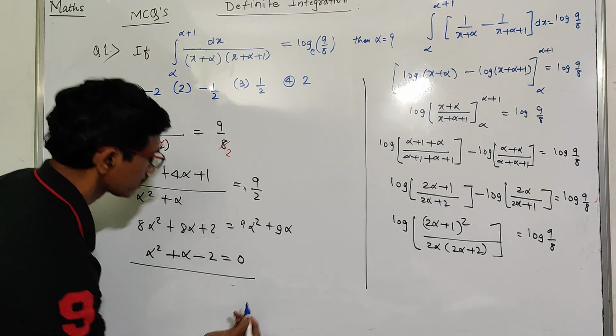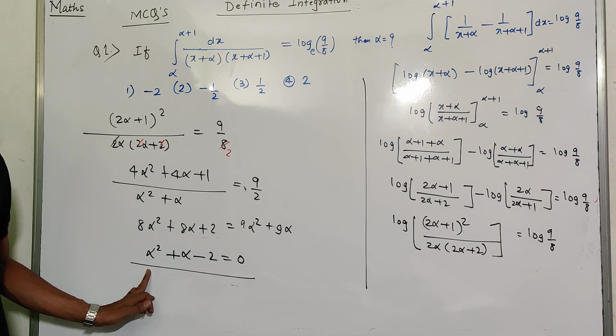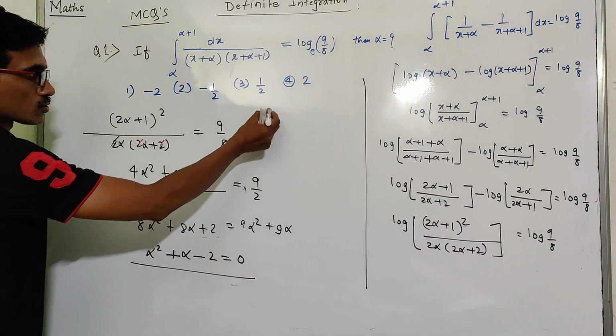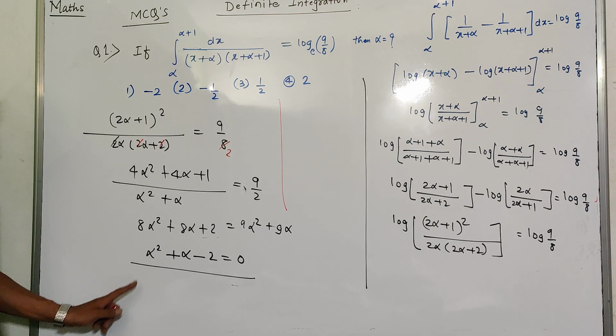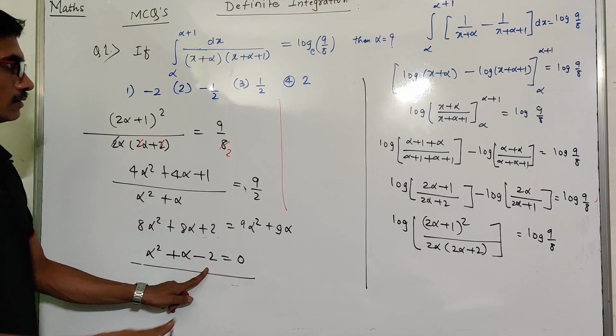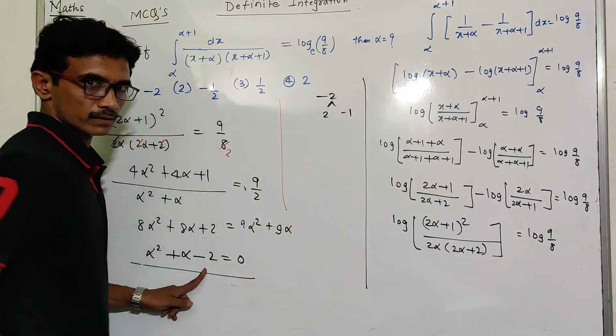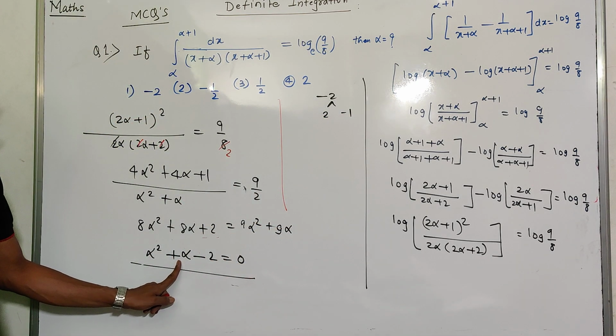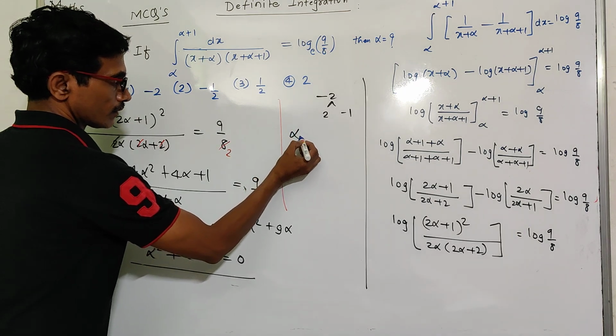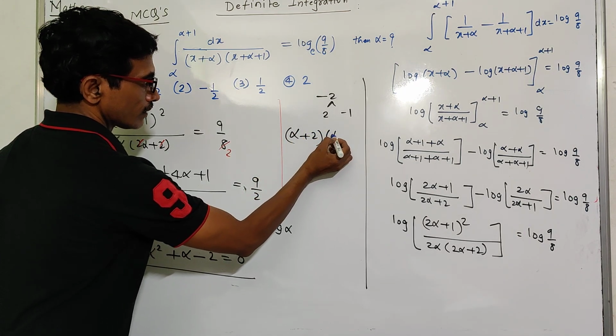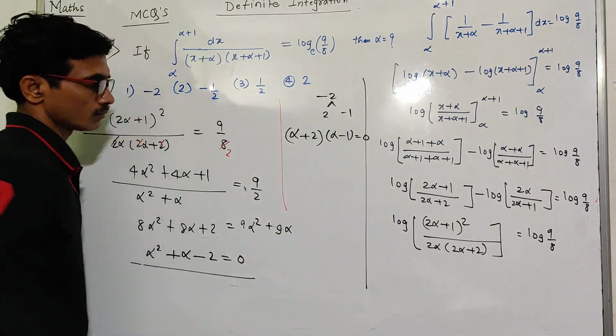This is a quadratic equation in alpha, and we solve it. Factors of minus 2 are 2 and minus 1, middle term is 1, so it will be alpha plus 2 and alpha minus 1 is equal to 0.